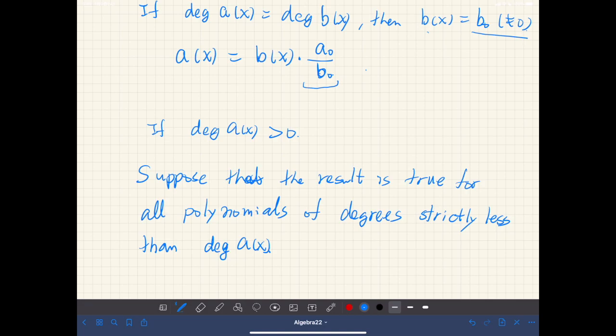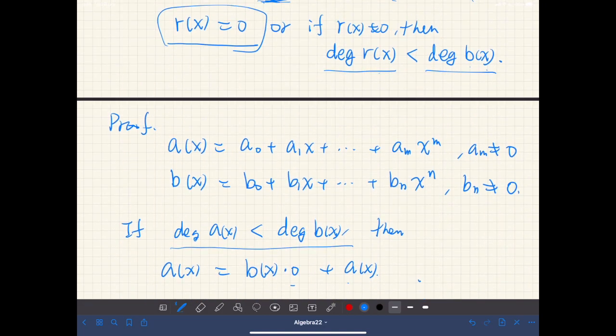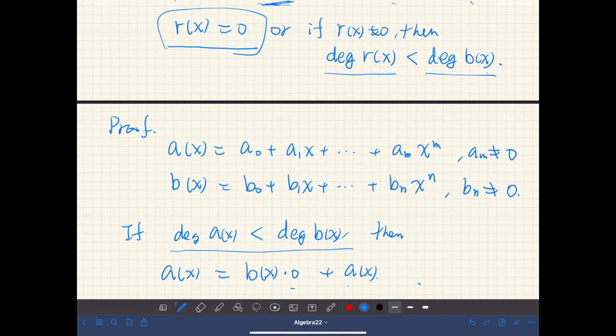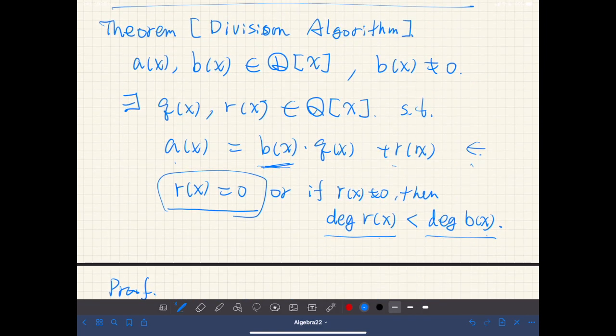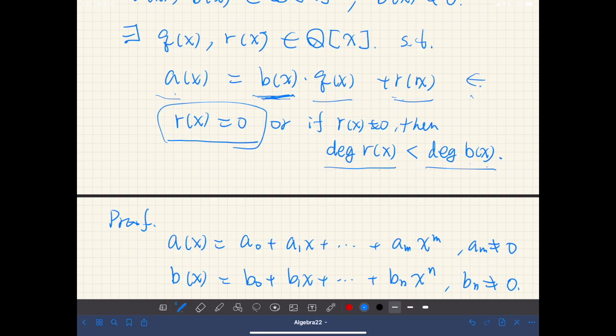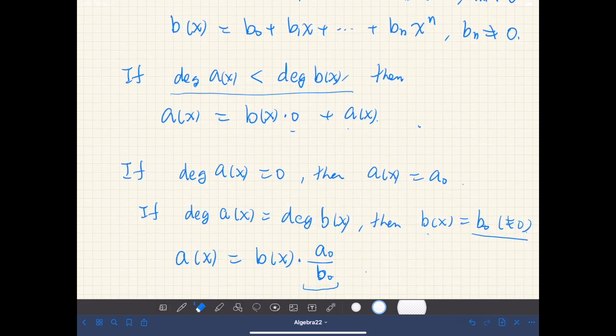Here the result means we can express some polynomial in terms of b of x times some polynomial plus the remainder. So suppose we have this form for all polynomials that have degrees less than the degree of a of x.